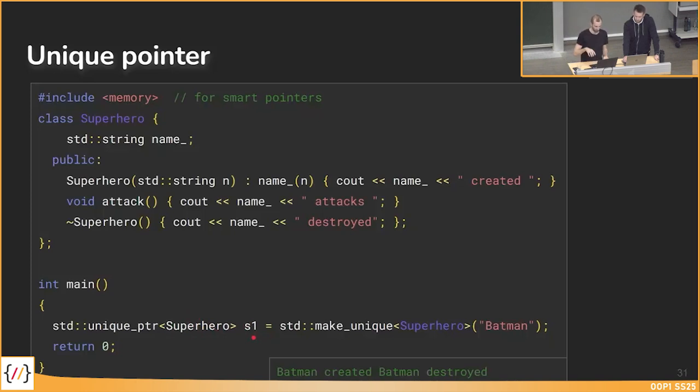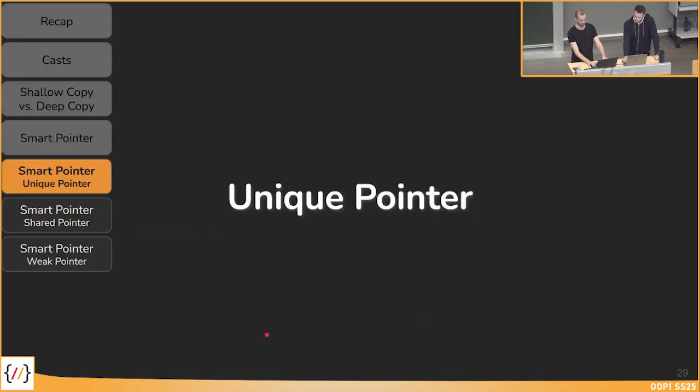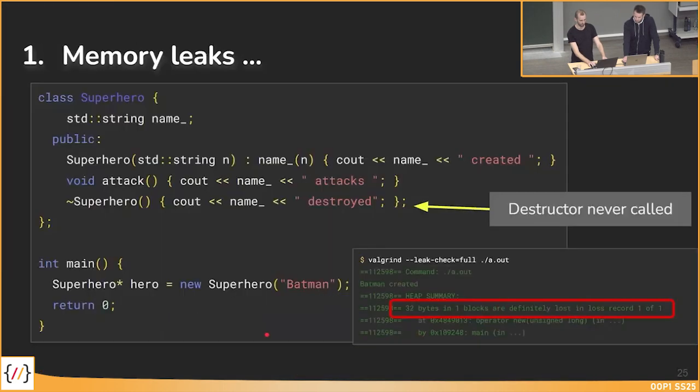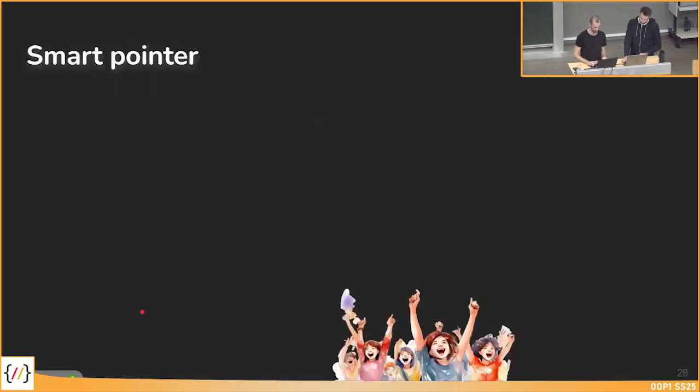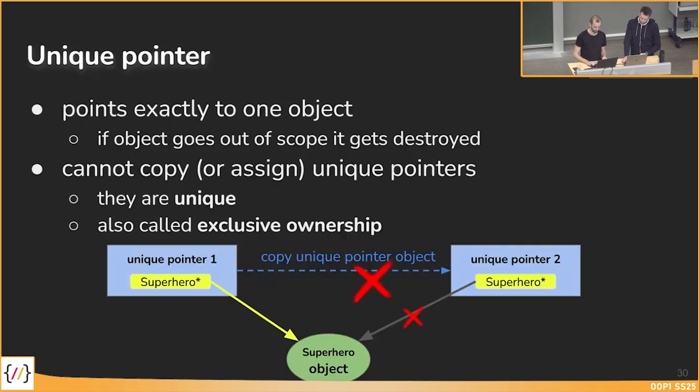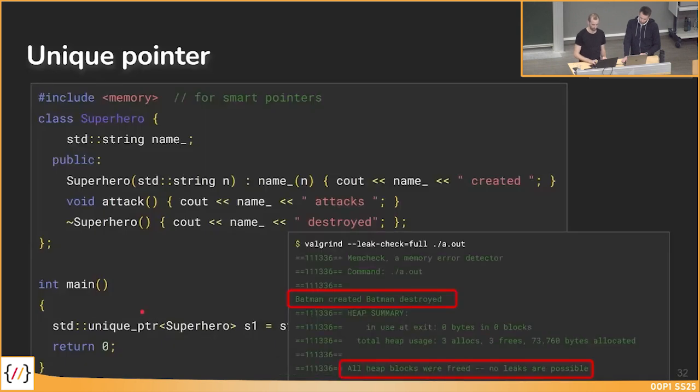And when we remember, we go back to this example here, we created a new superhero and we had memory leaks because it was not destroyed. So the destructor was never called. When we go back to the unique pointer, we will not have memory leaks.